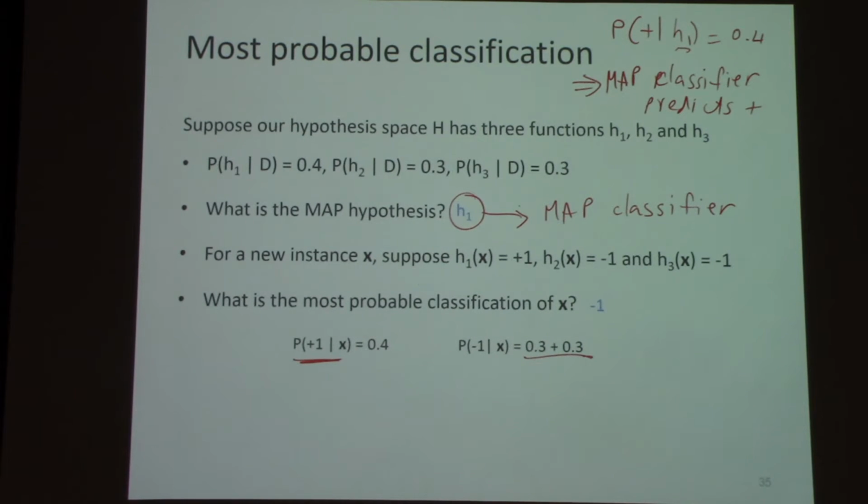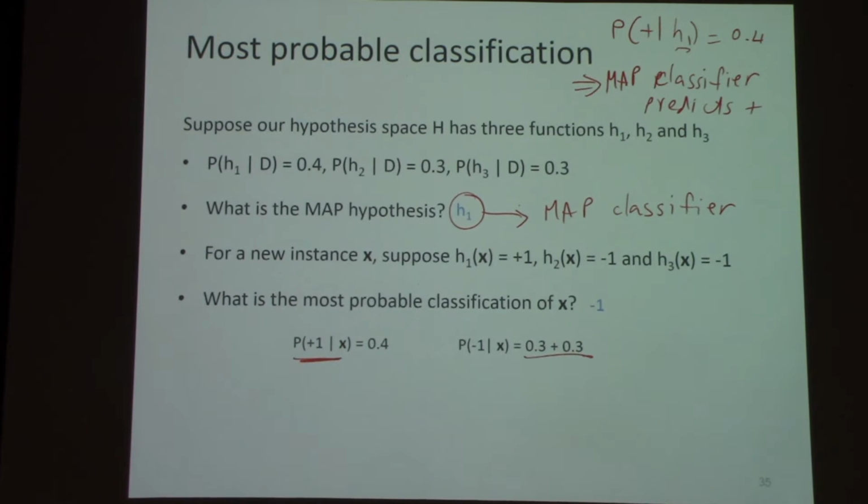On the other hand, if we did not pick H1 as the true classifier, instead we entertained all the hypotheses until the last minute, everything's in play, then you could compute the probability that the label is plus, and that's 0.4, and the probability that the label is minus is influenced both by H2 and H3, and together they add up to more than the probability of plus.